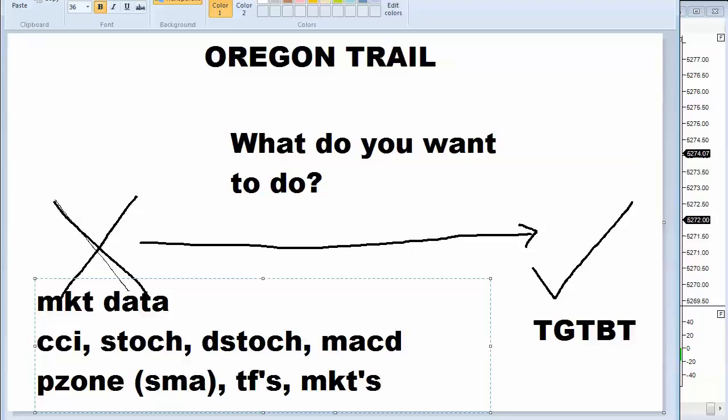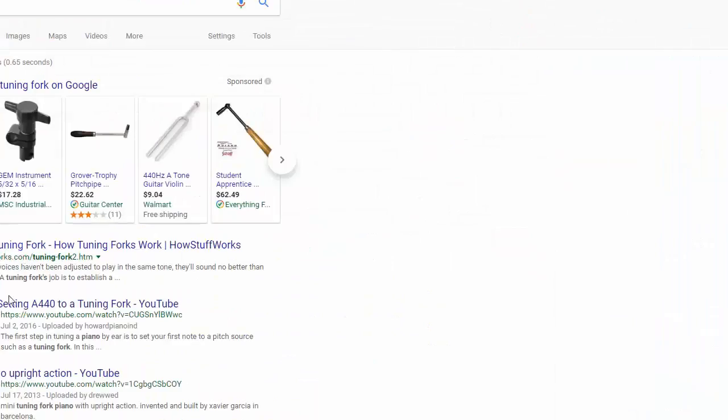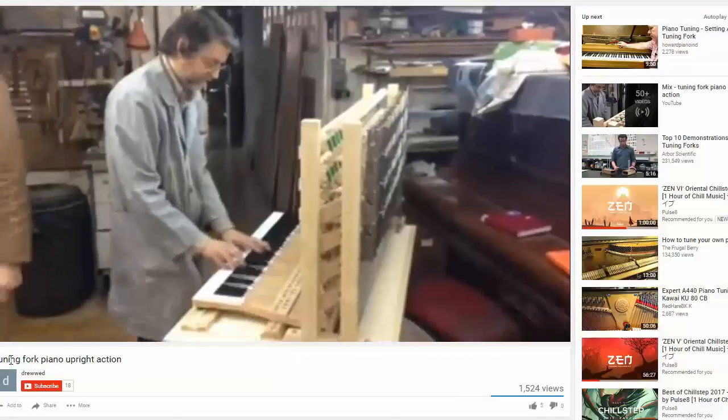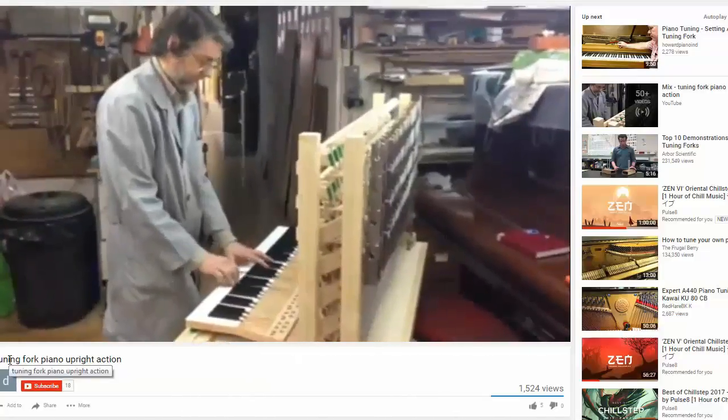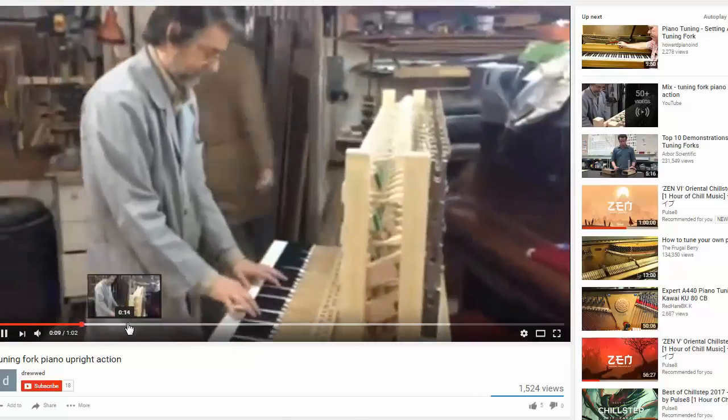If you've ever seen the way they tune a piano or a guitar, they use a tuning fork.